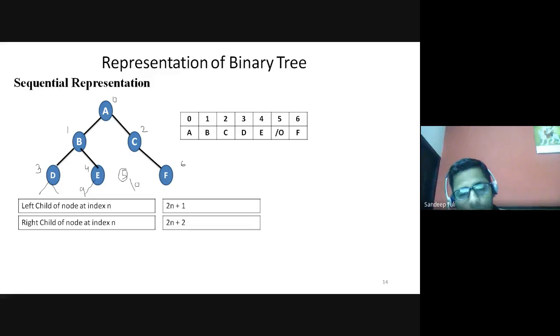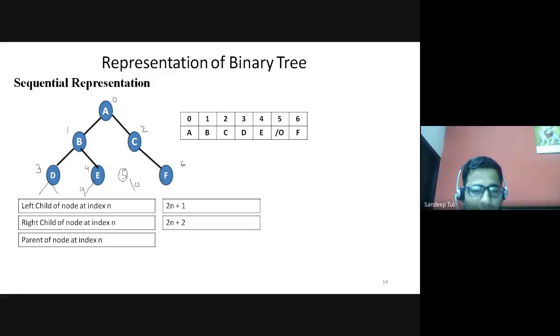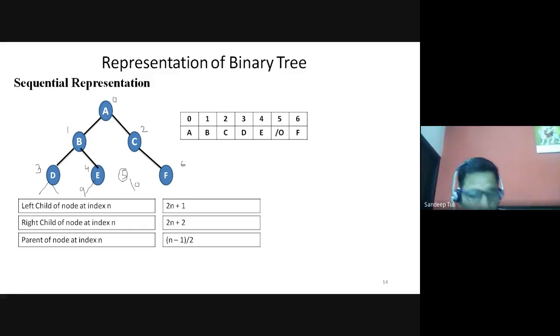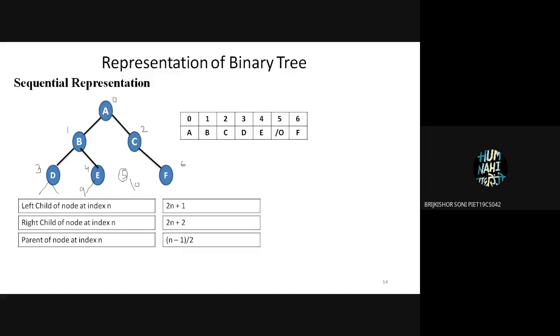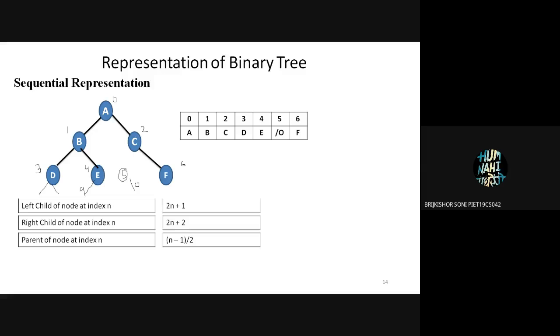2n plus 2. Good. Now tell me what could be the index of the parent if the index is n? If the node is at index n, what could be the index of the parent? n by 2. n minus 1 by 2 actually. Have you got it?